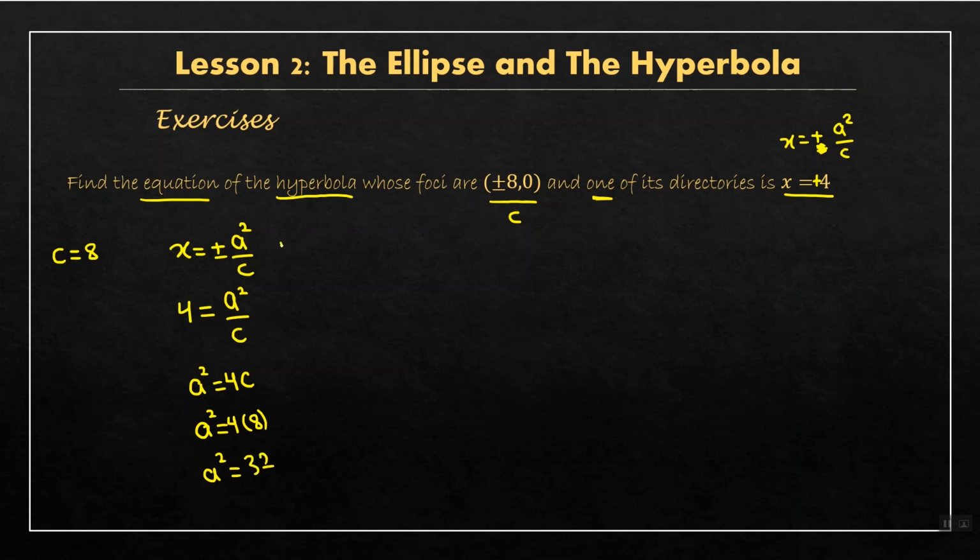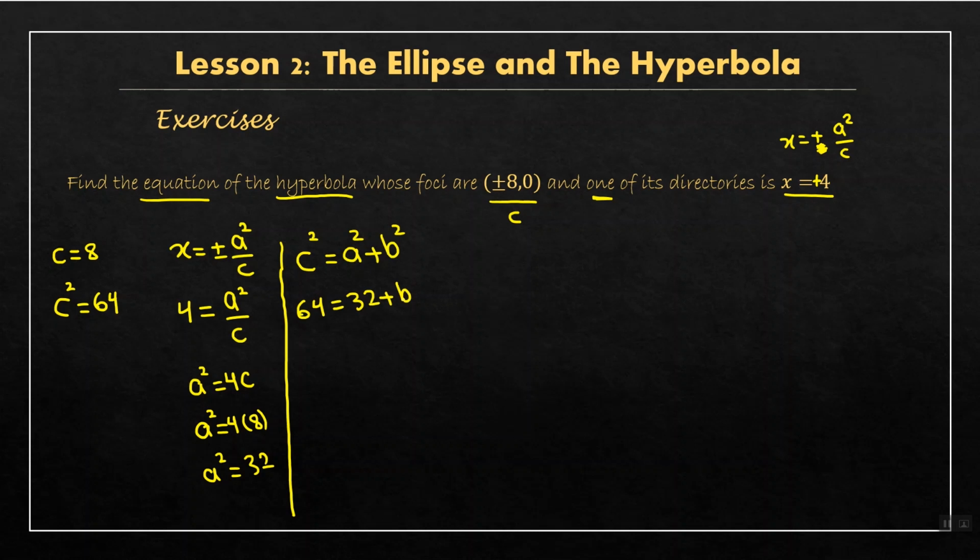Okay guys, look, I am just looking for a and b and c directly, because these are important. I know that if I find them, I'm going to do everything that they ask me for. Of course, c squared here is 64, okay? Because this is a hyperbola, then the Pythagorean relation starts with c. So c squared equals a squared plus b squared. Now I have c squared, it's going to be 64, equals a squared, which is 32, plus b squared, which we don't know.